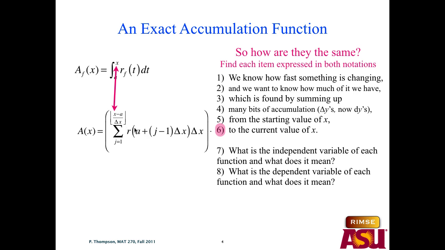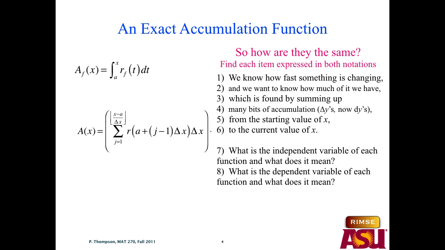But that independent quantity is x, and it shows up only in two spots in the function notation, and then on the right-hand side at the top, the upper limit of the interval. And again, up here, we have x minus a, the end and the beginning of where we're making our intervals when we set them up to be delta x wide.